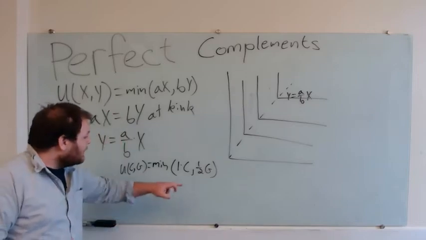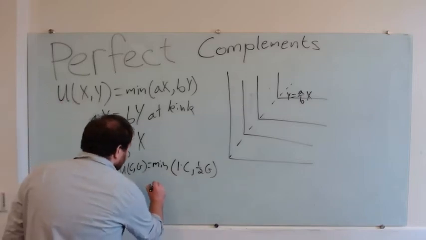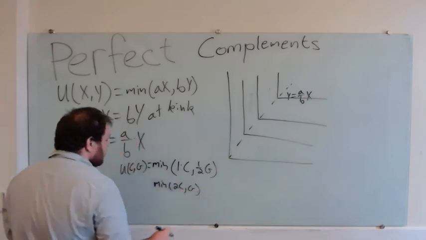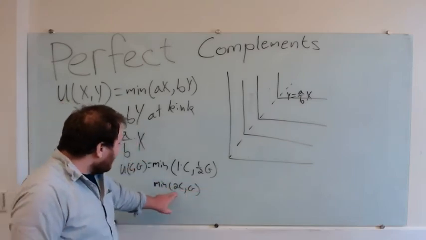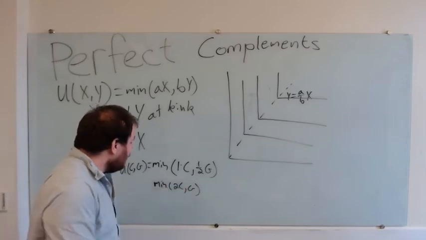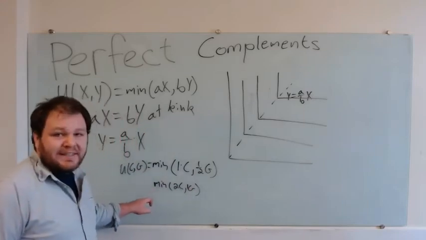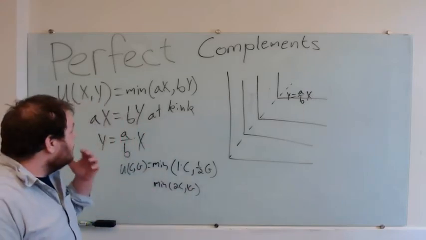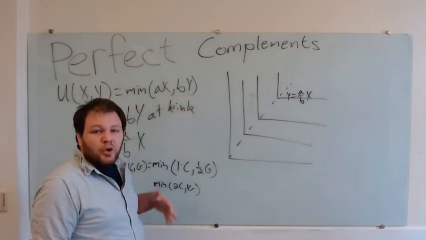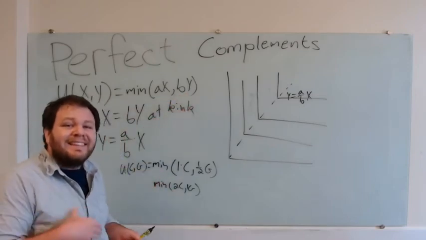So if we wanted to, we can multiply this whole thing by 2 to make things a little simpler. We would say min of 2c and g. And then essentially our A tells us how many gears we need to make a set, and our B tells us how many chains we need to make a set. So this is a somewhat counterintuitive thing. The bigger the coefficient in front of a good in a perfect complements case, the less of that good we need.